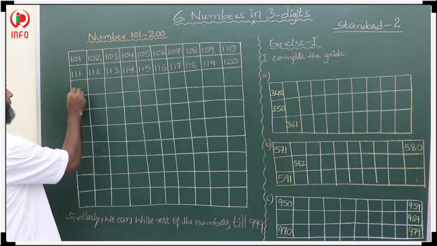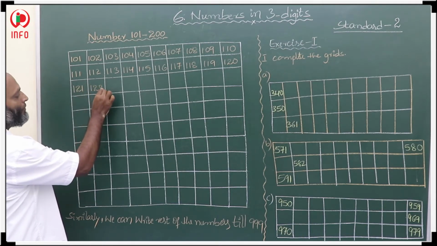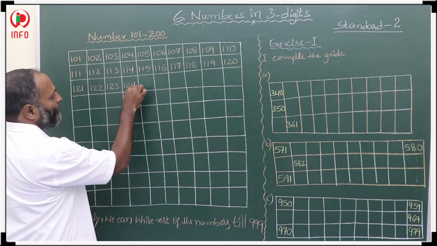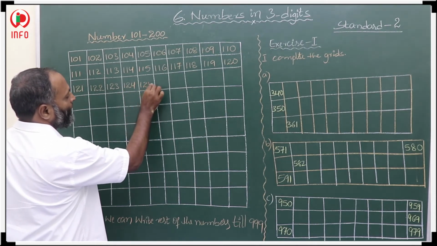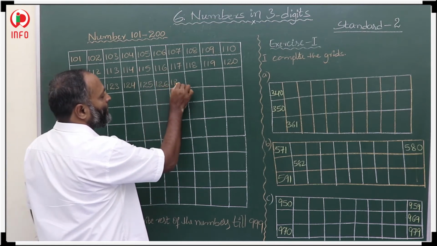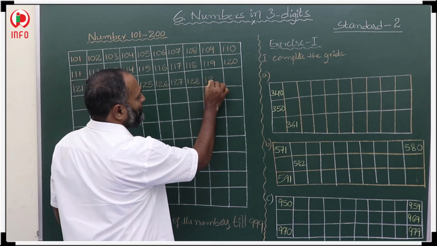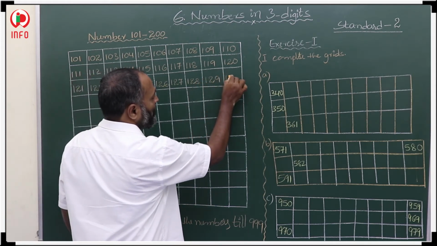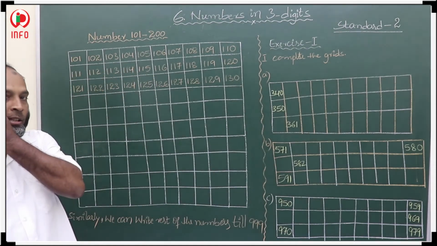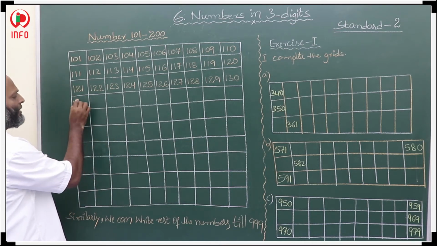Then 121, 122, 123, 124, 125, 126, 127, 128, 129, 130. Okay, next after 30, 31, so 131.